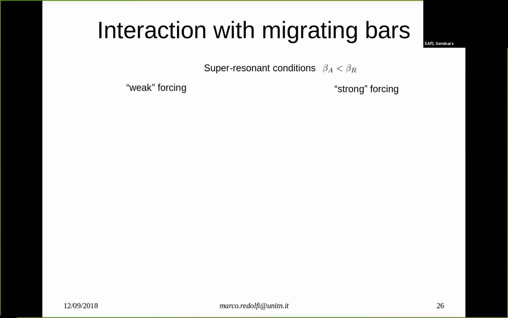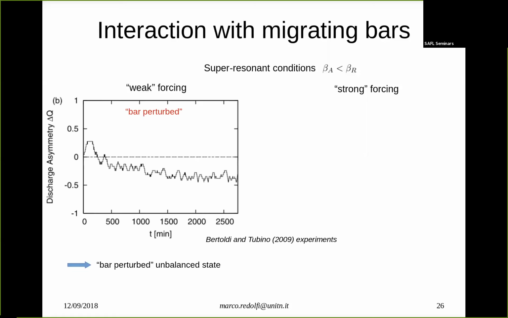The other cases are actually super resonant if you compute the resonant condition in those cases. And the first case is a relatively weak forcing. When the forcing is relatively weak, what happens to the system is an evolution towards one unbalanced state.